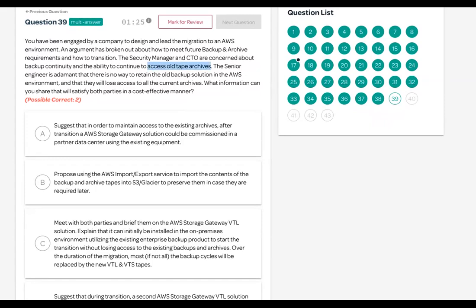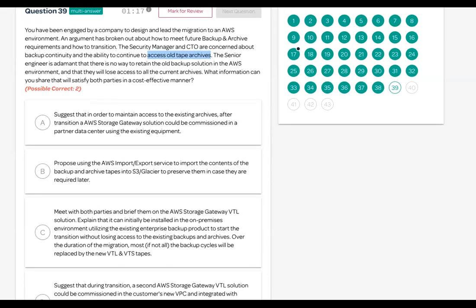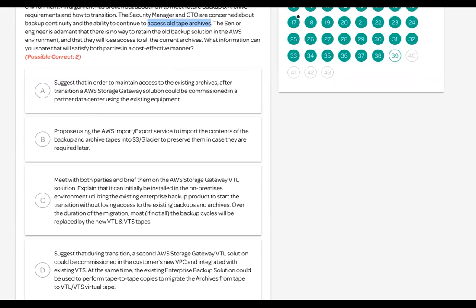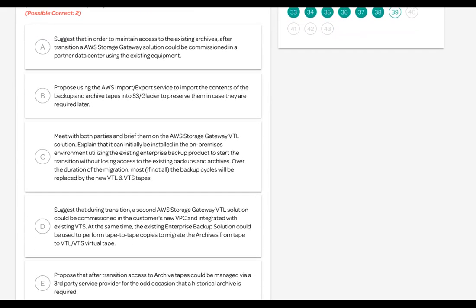The senior engineer is adamant that there is no way to retain the old backup solution in the AWS environment and that they will lose access to all current archives. What information can you share that will satisfy both parties in a cost-effective manner?